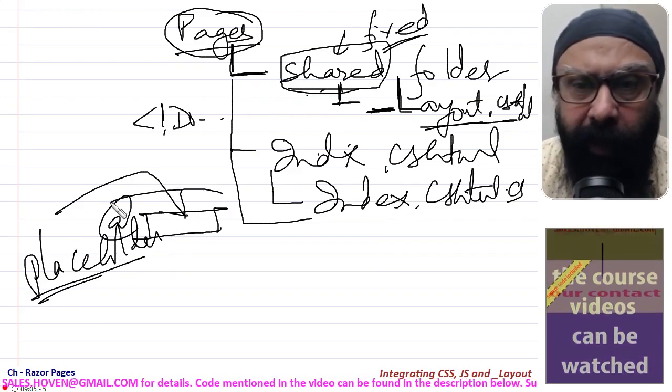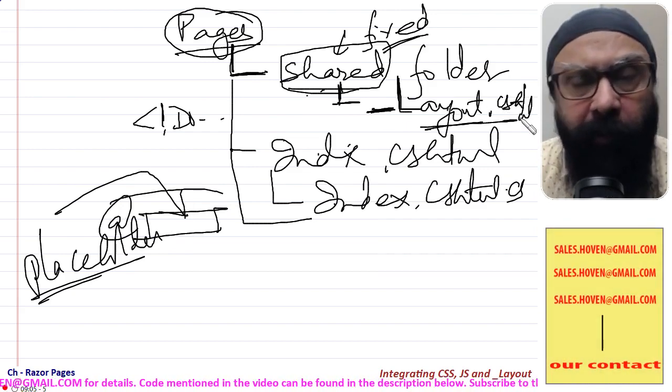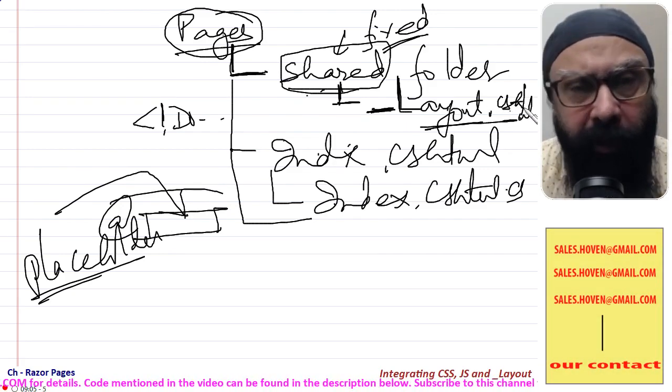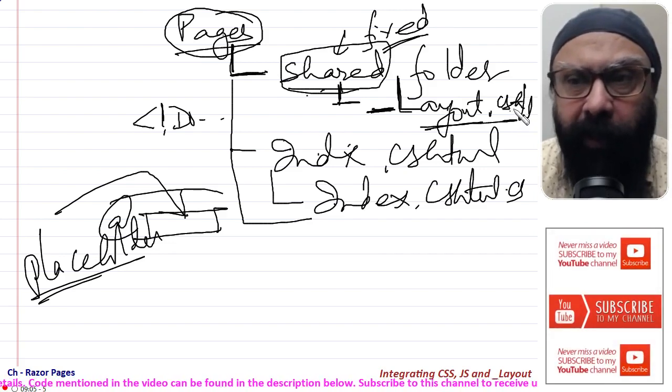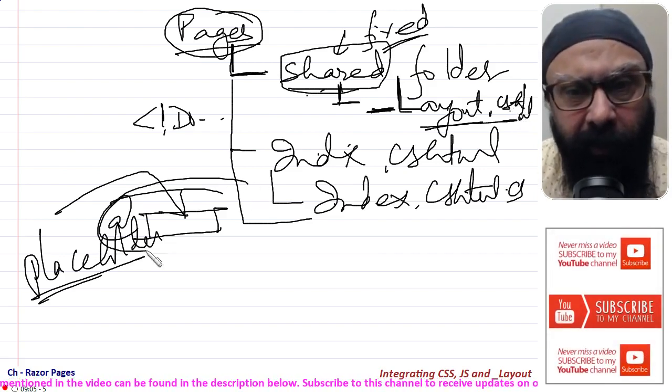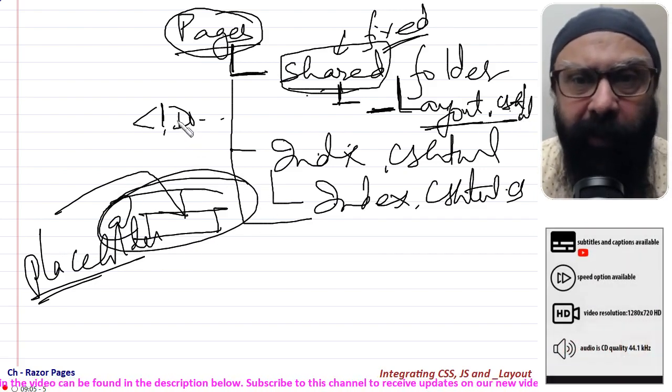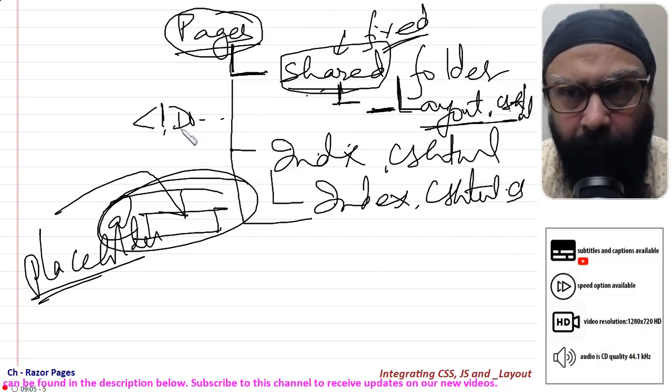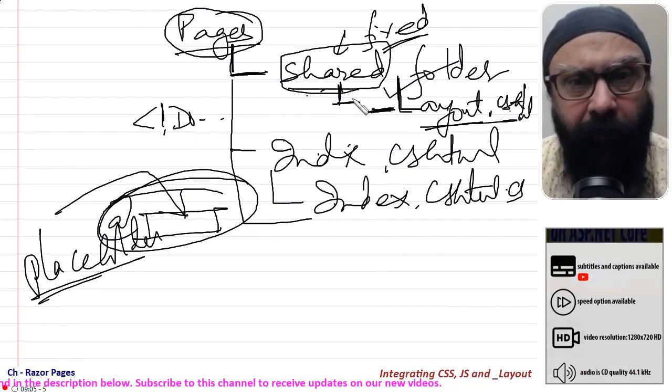So we have the _Layout.cshtml file. This file contains C# areas called placeholders and fixed areas like doctype, etc. So this file is critical.